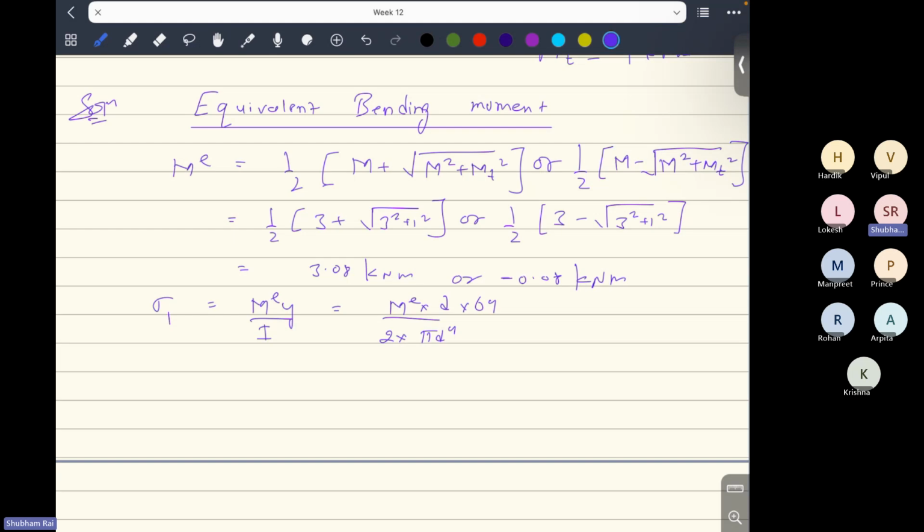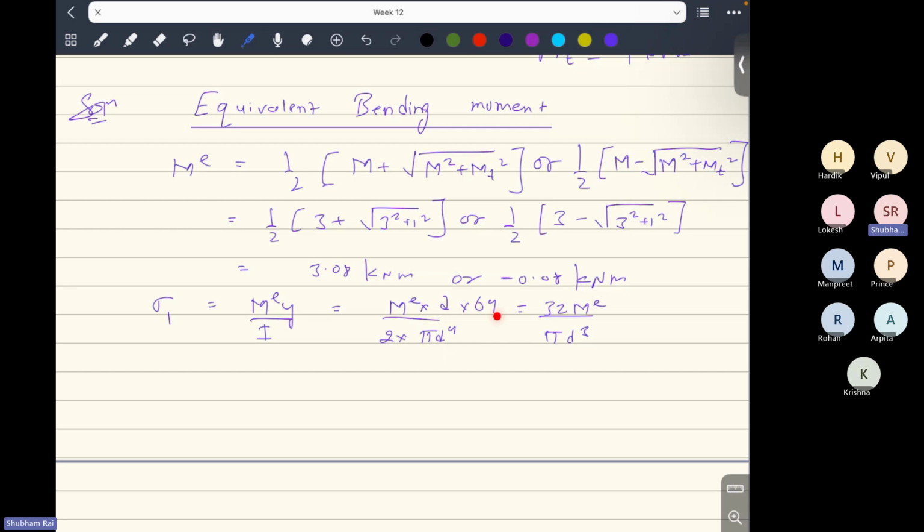Now can you calculate? Finally we will have 32 Me by pi d cube, because y will be d by 2, that's what I have written here. y is equal to radius because that is the maximum distance from the center, and I is pi d4 by 64.